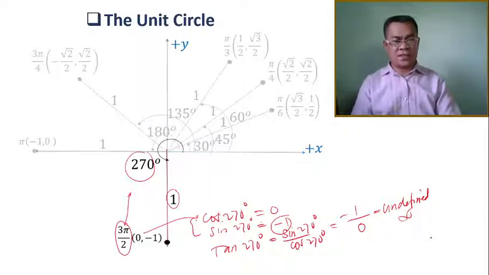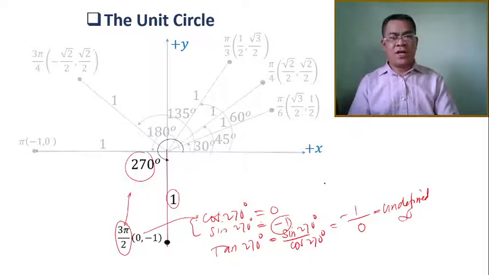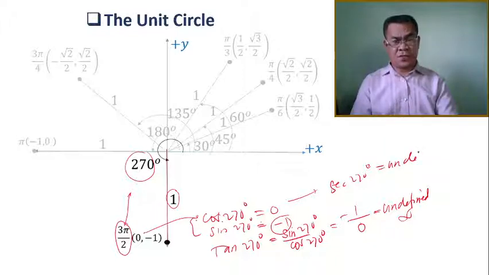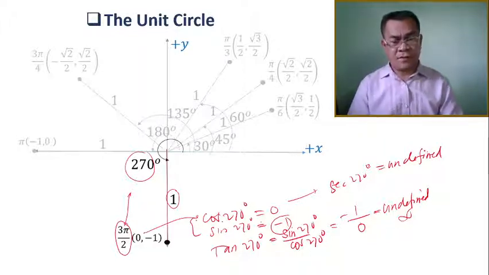It does not exist. While the secant of 270 is the reciprocal of cosine, which is 0, so the reciprocal of 0 is undefined also. So there's no secant function for 270.